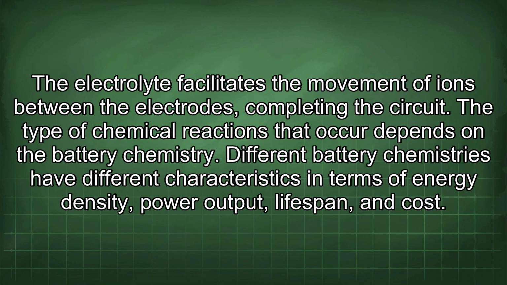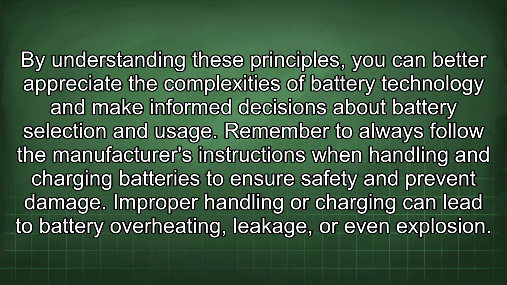The electrolyte facilitates the movement of ions between the electrodes, completing the circuit. The type of chemical reactions that occur depends on the battery chemistry. Different battery chemistries have different characteristics in terms of energy density, power output, lifespan, and cost.